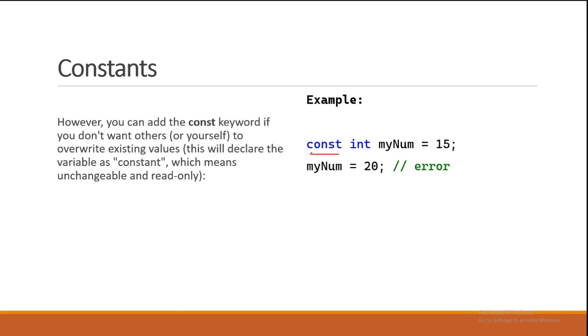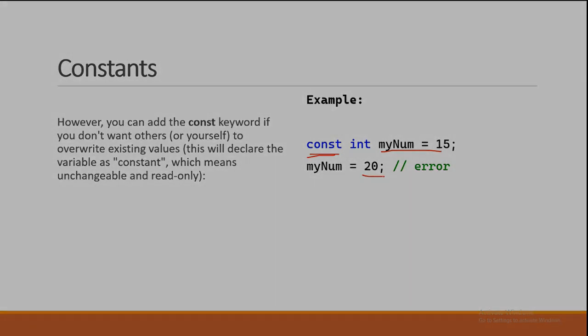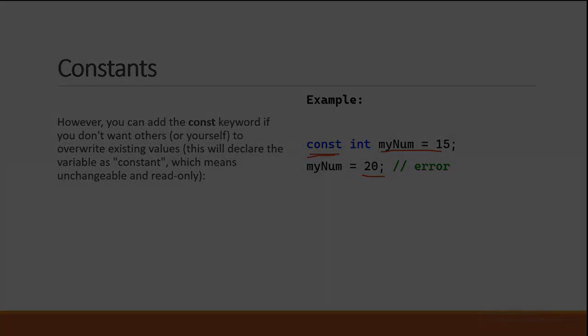Here we assign my num is 15, and if we try to change it anywhere in the application, then the editor will show an error. We cannot assign a new value to this constant; we can say it is unchangeable.